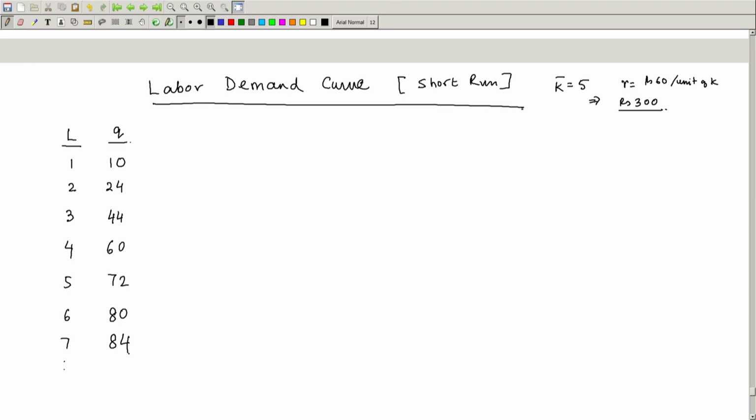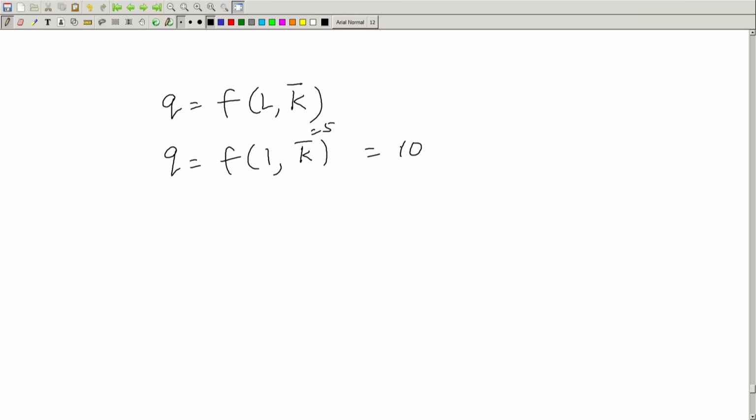So, this is essentially the data given for output based on different combinations of labor and capital, because recall my production function is Q equals f of L comma K. It is just that I have fixed K bar at 5 units. So, with 1 labor hour and 5 units of capital, Q turns out to be equal to 10.